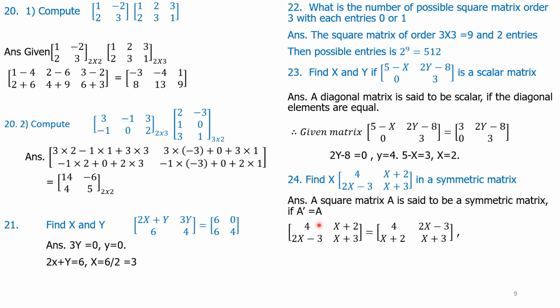So 4x plus 2. And second row is 2x minus 3 and x plus 3. Therefore, we have to compare here. Here you compare 4x plus 2 is equal to 2x minus 3, or simplifying we get x is equal to 5.